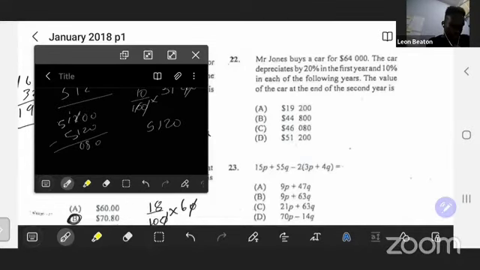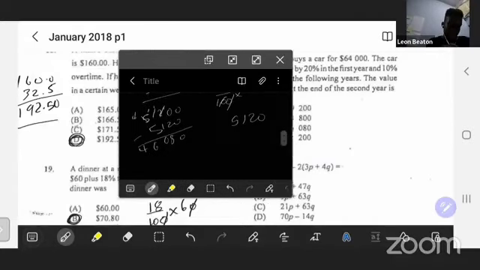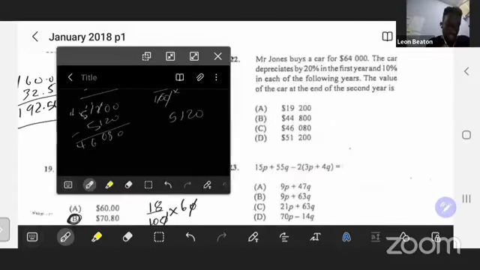Bar this here, becomes 4, becomes 11. 11 from 5 will be 6. So we have 46,080. And that will be C. I have to do some work there, boy.